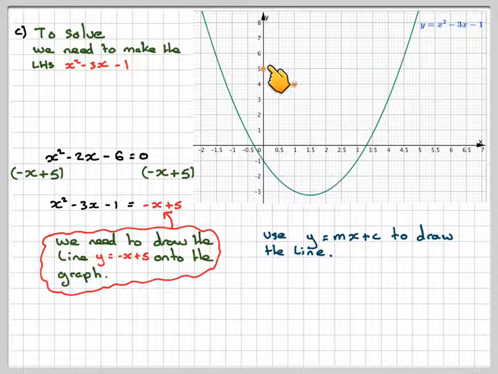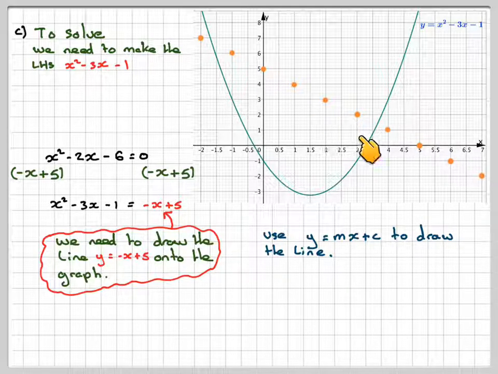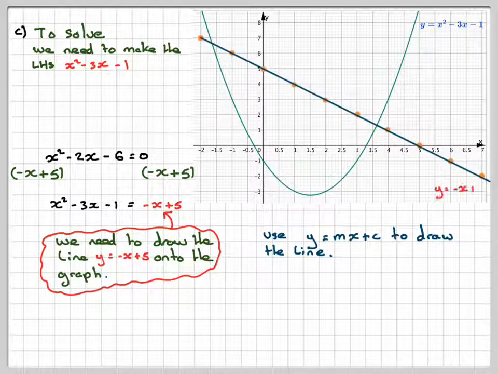Two of these little squares here makes 1, 1 here makes 1, so that's a gradient of minus 1. We continue that pattern across the graph, going backwards, and taking our ruler, as accurately as possible draw on a line and label it y is equal to minus x plus 5.